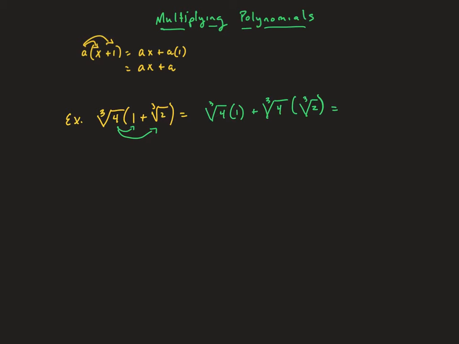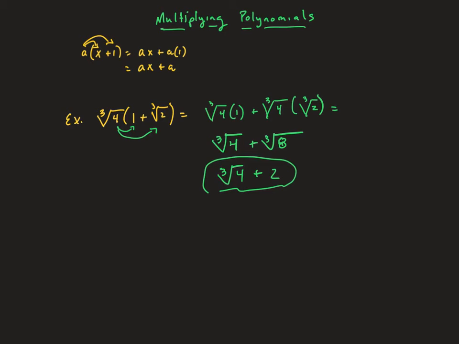And then that is going to equal just the cubed root of 4 plus the cubed root of 4 times 2, which is also 8. And then I know the cubed root of 4 plus the cubed root of 8 is 2. And I'll be honest with you, you should probably know the first 5 cube roots, and I've talked about that in previous videos. But here is the equivalent expression when I'm using the distributive property.